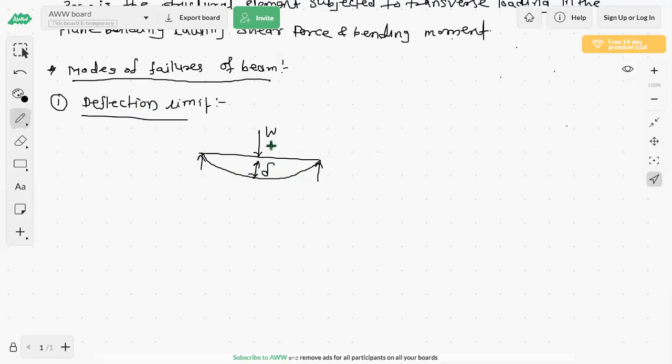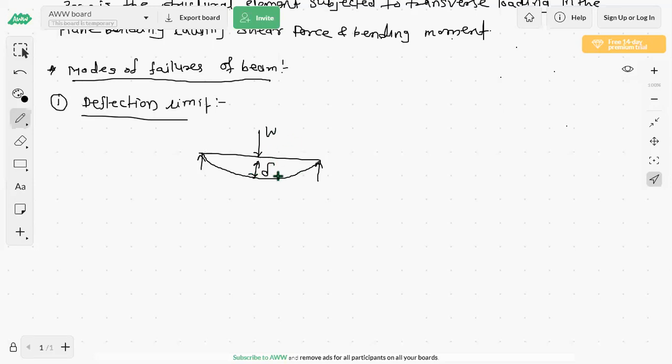See, when the vertical load is applied on this beam, there is always a possibility of bending. This is the bending portion we can see.